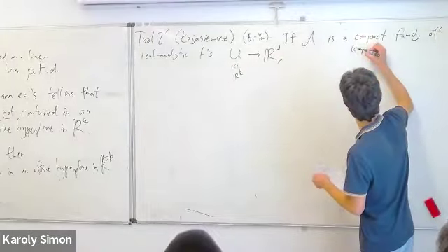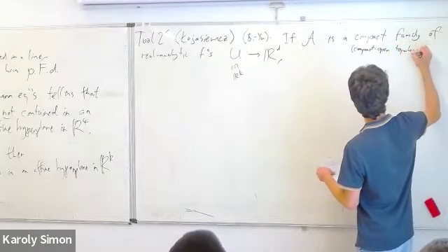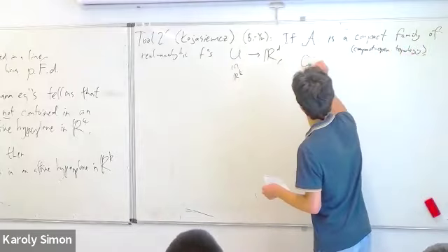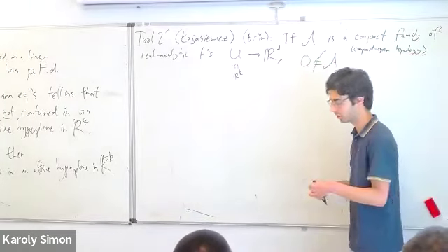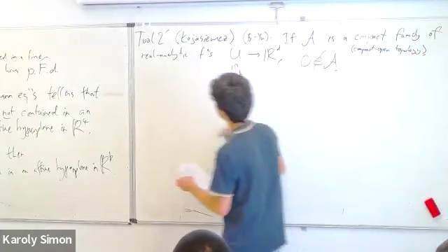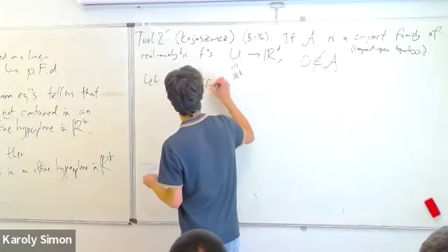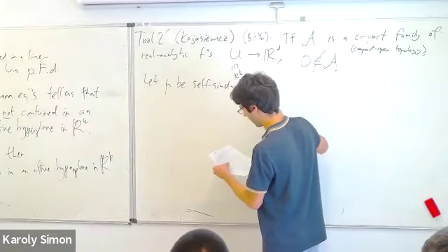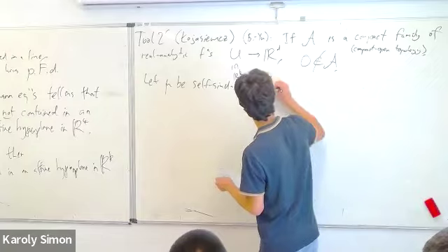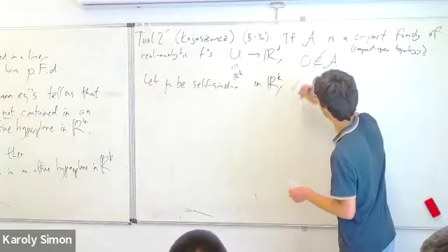You know what that is. We assume that 0 is not in this family A, otherwise things go wrong straight away. And we're going to let mu be self-similar in R^k, not contained in a hyperplane of R^k.